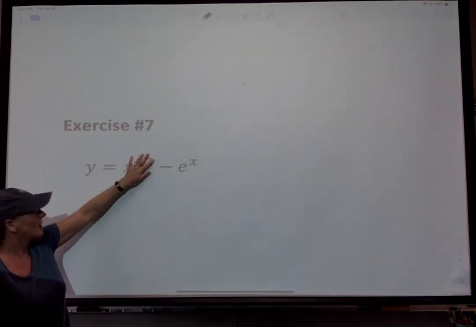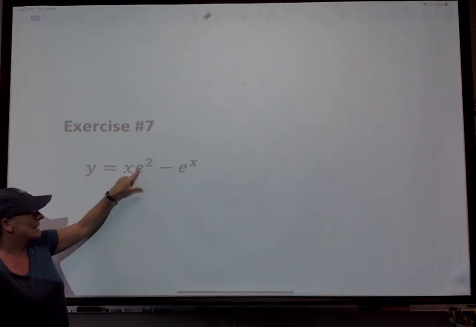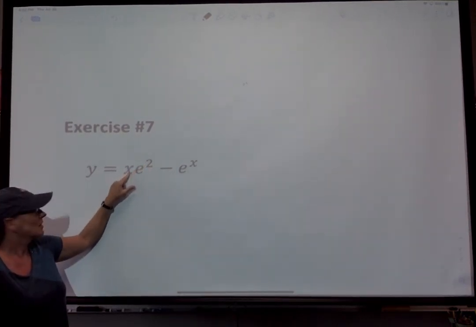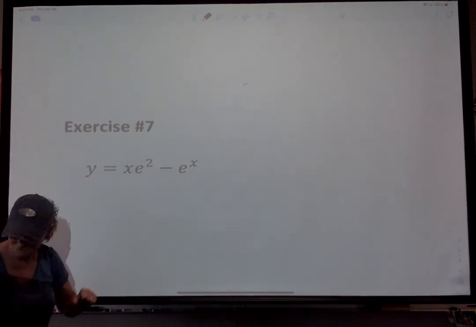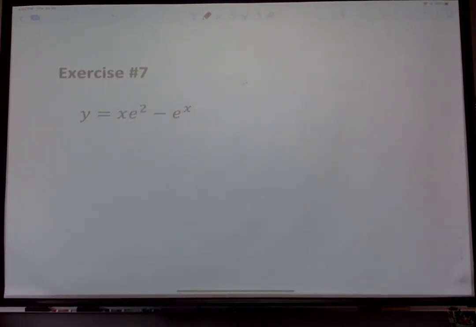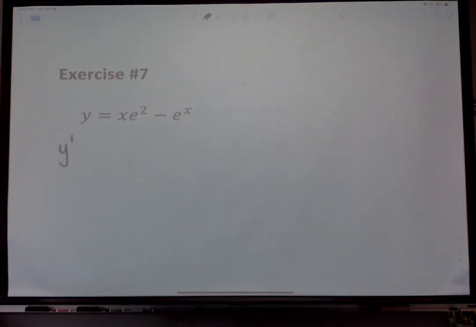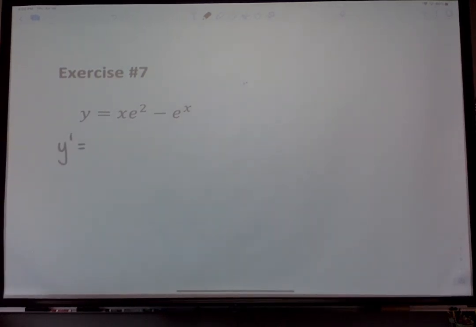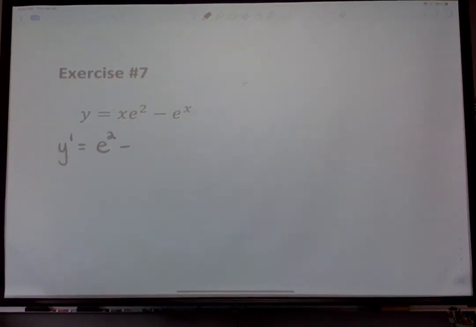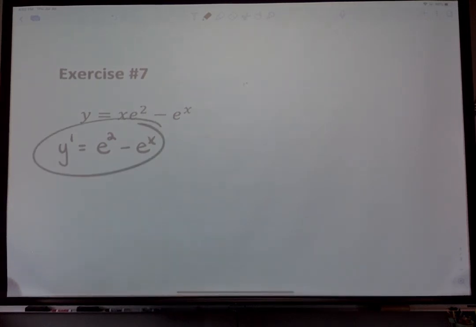This is just a constant with x. So e squared is actually the coefficient of x. Tricky. Y prime equals. My derivative is going to be the constant minus the derivative of e to the x is e to the x. Woo-hoo. Moving on.